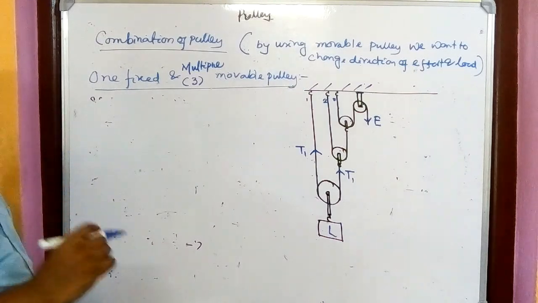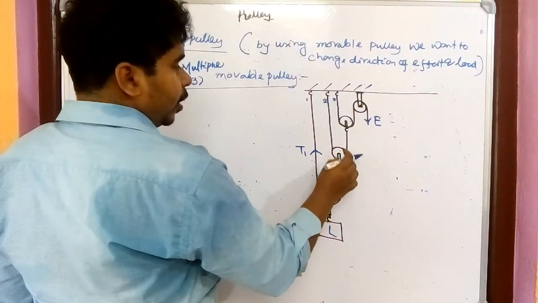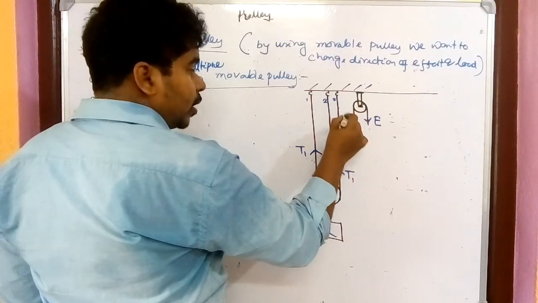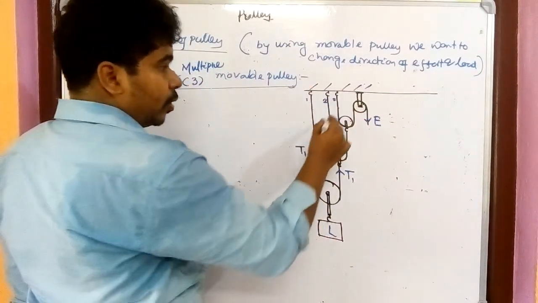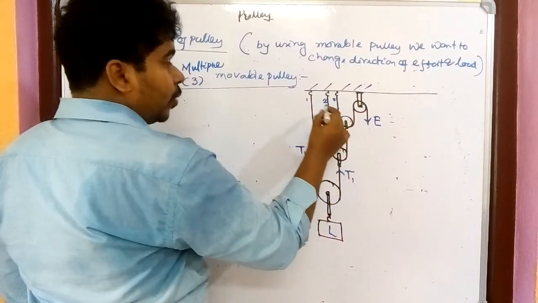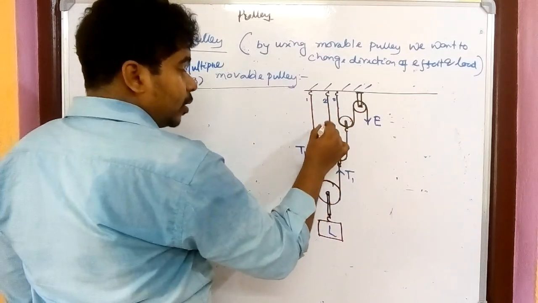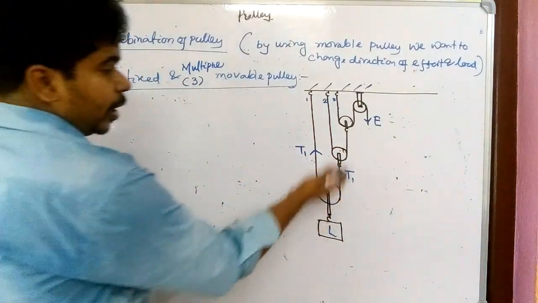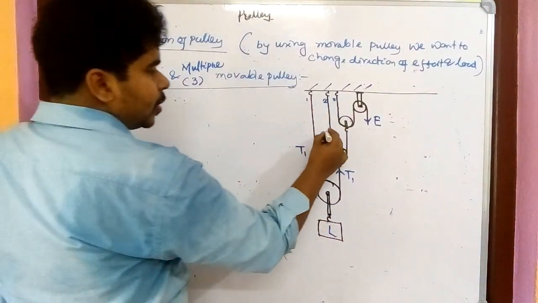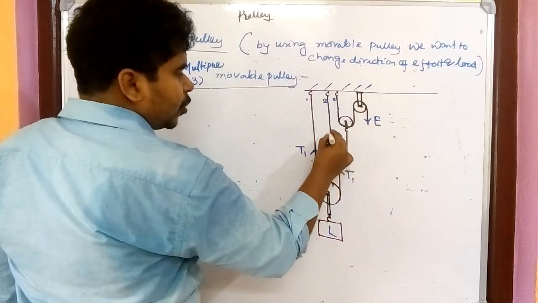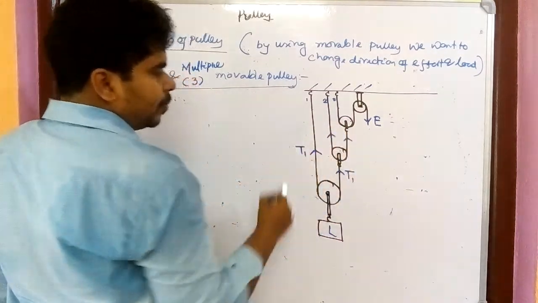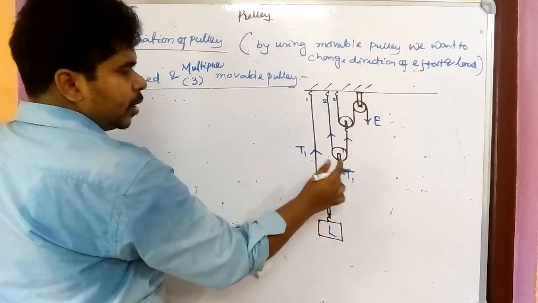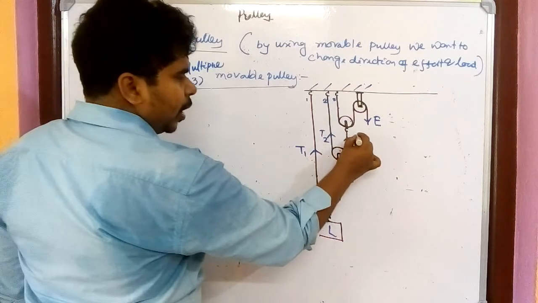If you are applying effort, this effort will supply a tension to this movable pulley or this string, and that tension will supply the tension to the next string. So who will supply this tension? This is supplied by the tension of the second string, that is T2 and T2.